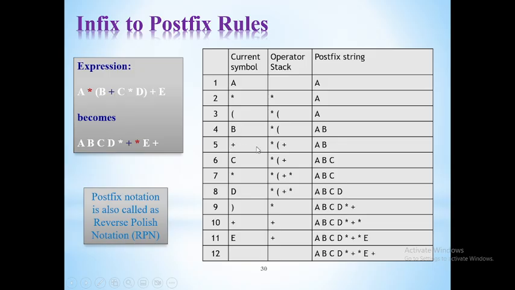Whenever plus comes, you pop the b from the stack, then you represent a b. Like this you repeat the procedure until no operands are present in the expression. At last you will get a b c d, then you will get the set of operators.